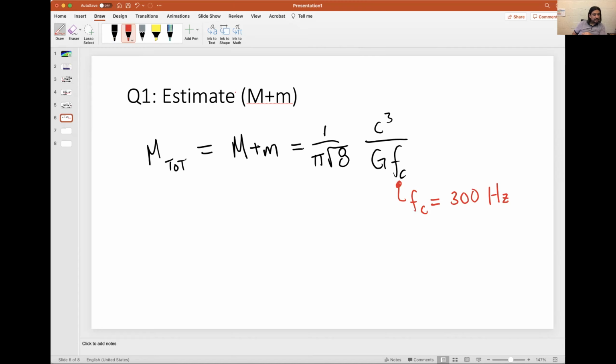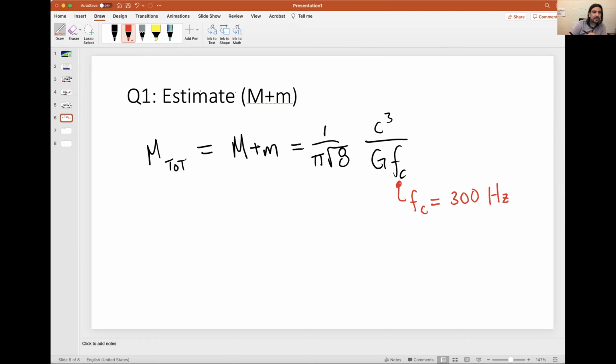Sivan, any questions? All right. Yeah, exactly. You're just plugging everything in and looking at what value you get for the mass of the two.